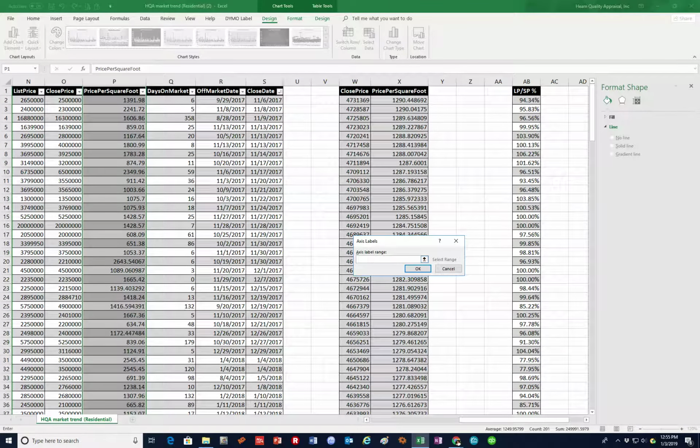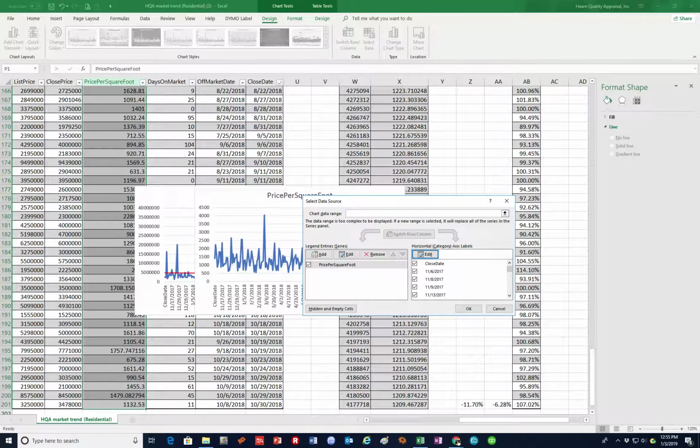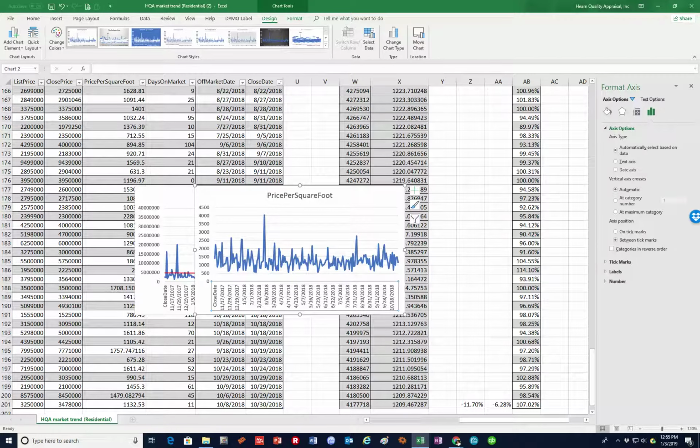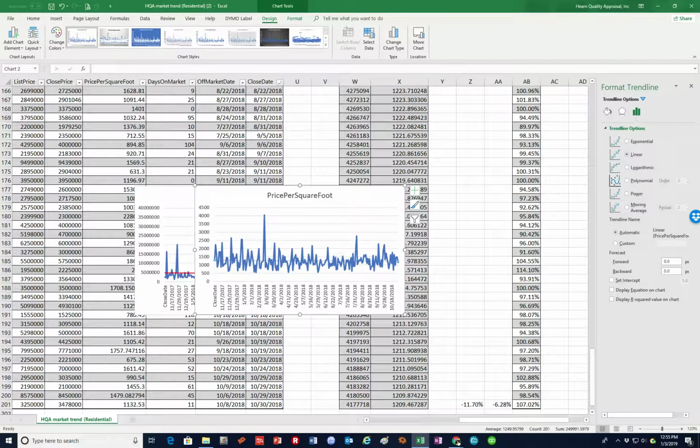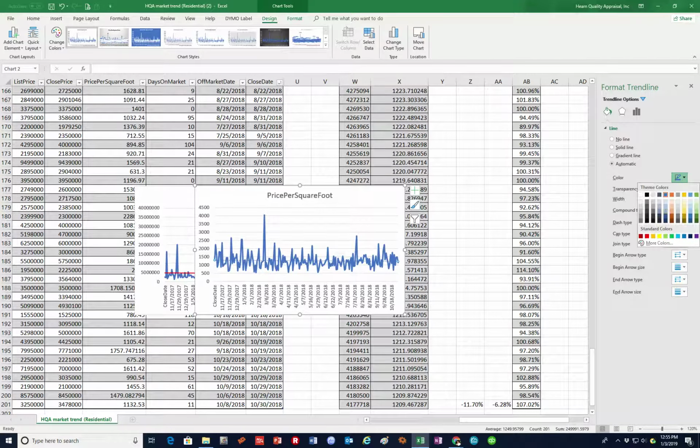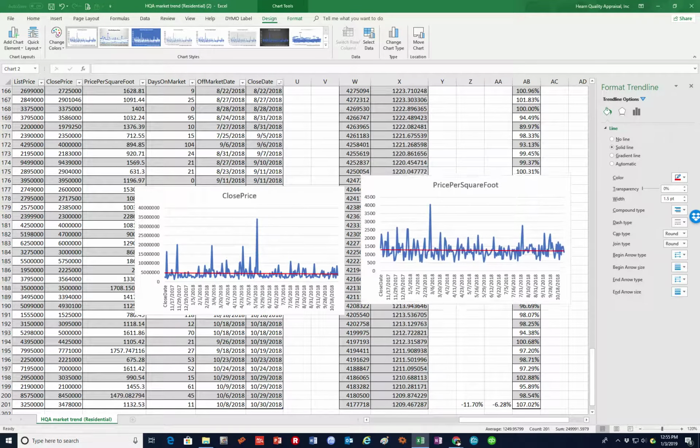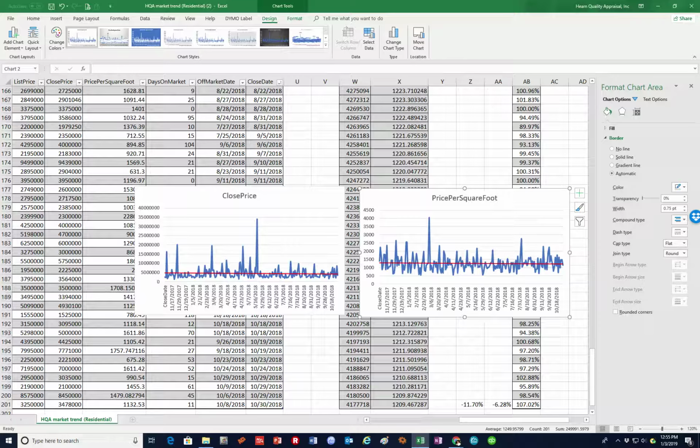So we're going to edit, highlight the date column, and enter and say OK, and that gives us dates. So we'll right click on the data, add the trend line, make sure it's red so we can see it, and same thing. So we got two charts with that slight downward trend but fairly stable on a percentage basis.